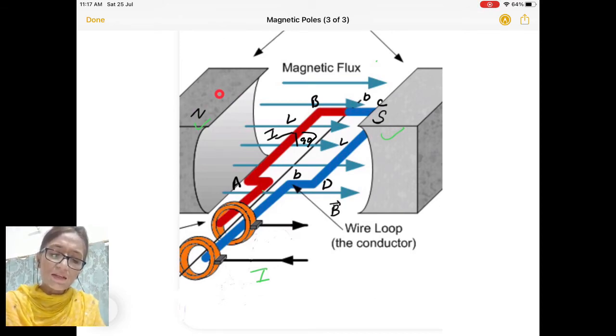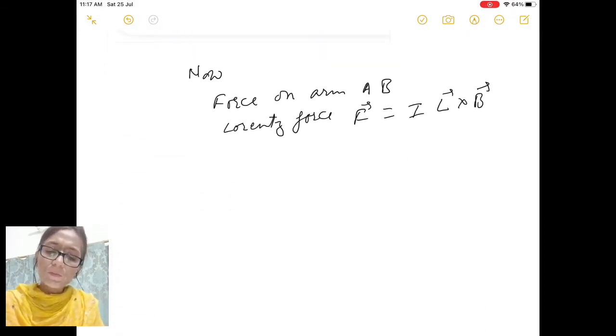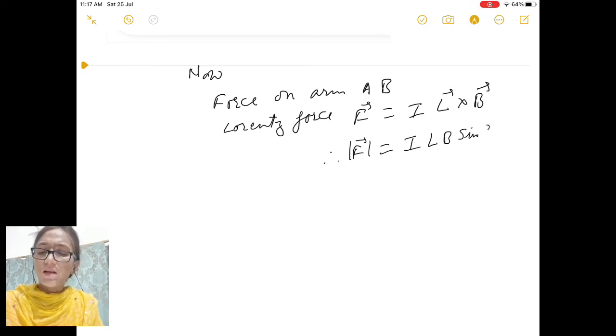Here this is the direction of B, this is your L vector, and the B vector is along this direction. So L cross B goes inside the plane. Therefore the magnitude of F is equal to I L B sine 90, because the angle between L and B is 90 degrees.